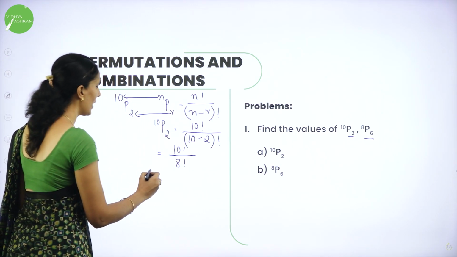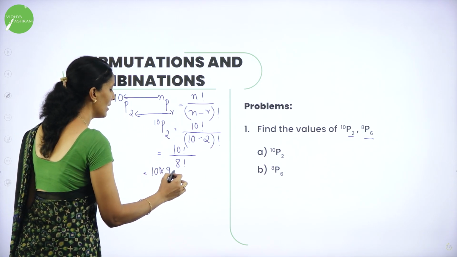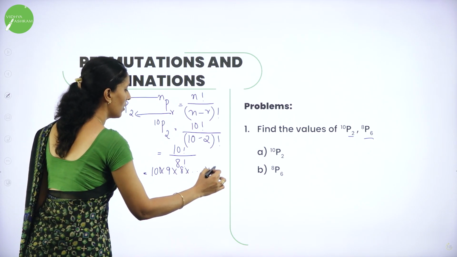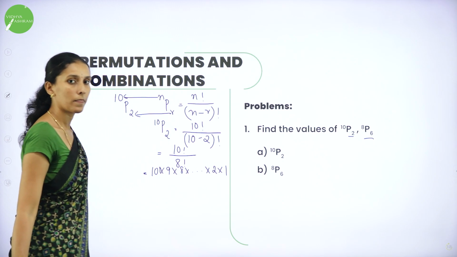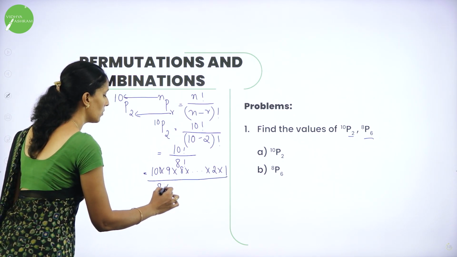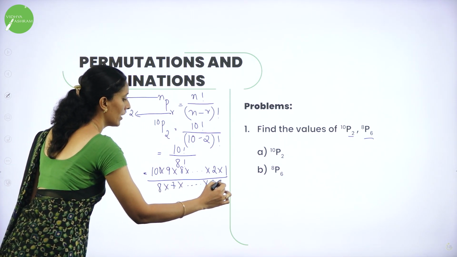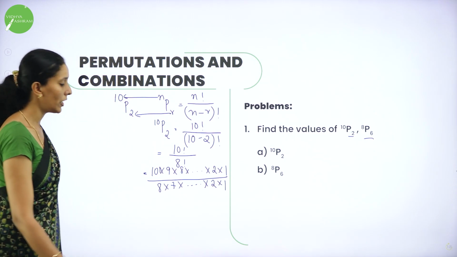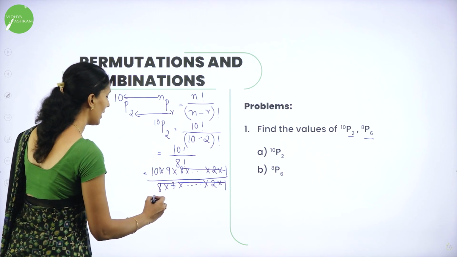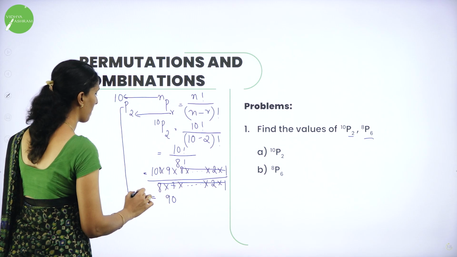Here is a hint: write 10 into 9 into 8 and so on till 2 into 1, divided by 8 into 7 and so on till 2 into 1. What we usually do is cancel. Then 10 nines are 90. So this is the value.